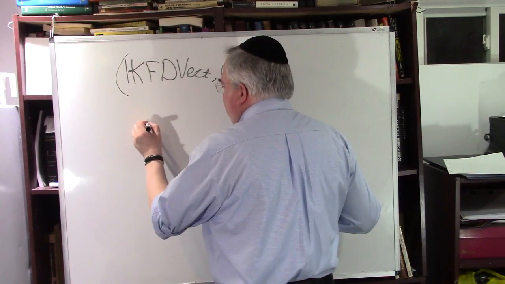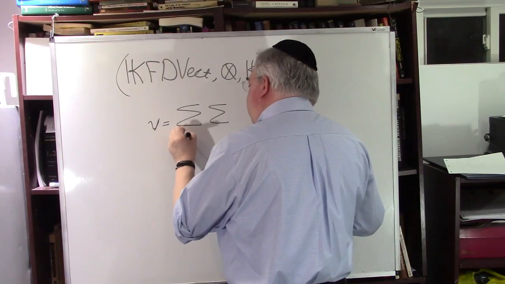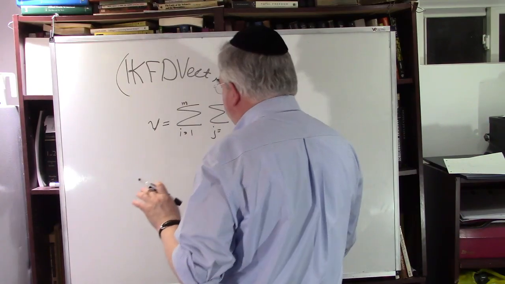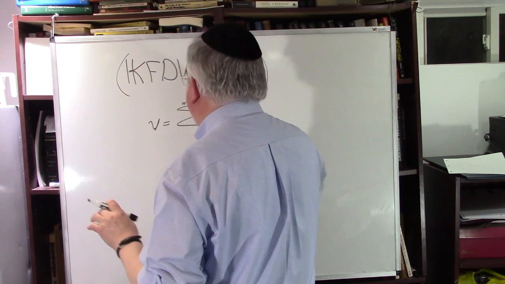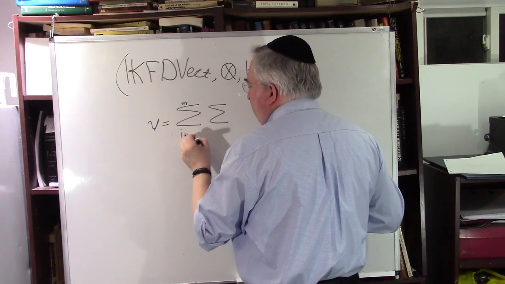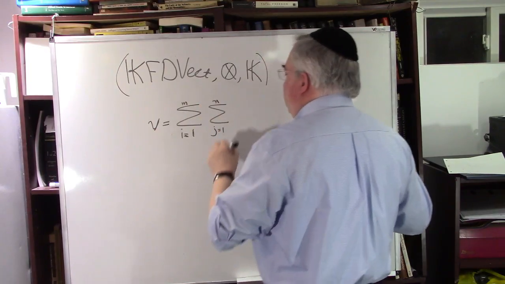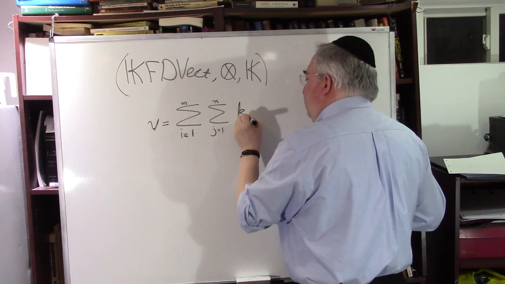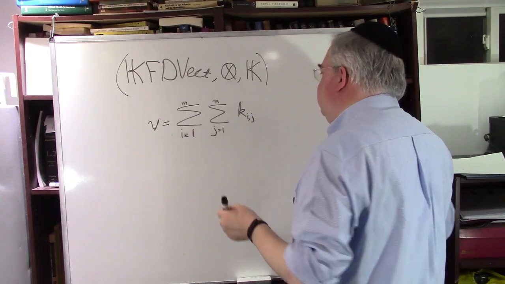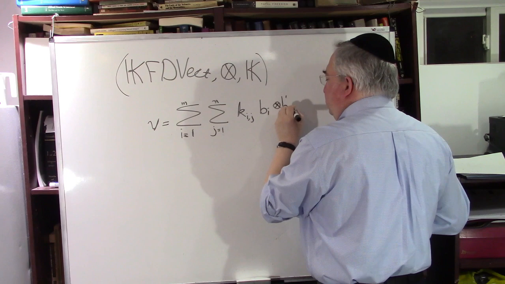Let's write little v equal to the sum i equals 1 to m, j equals 1 to n, and then you're going to have a scalar with two subscripts, ij, and then the element of the basis, which is bi tensor b prime j.